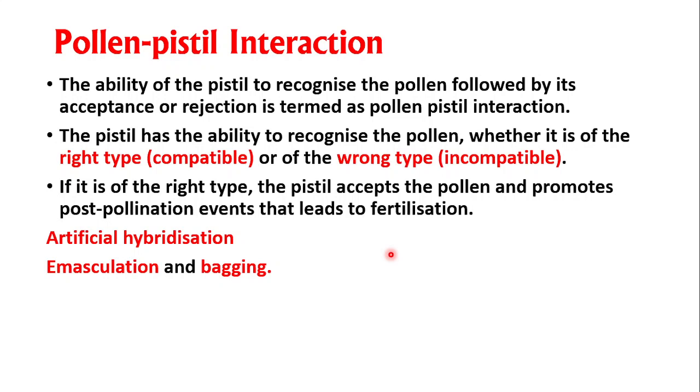That means when a pollen grain falls on the surface of a stigma, the stigma will first check whether the pollen grain is of its own kind or not, whether to allow the pollen grain to germinate the pollen tube and fertilize or not, whether it should accept or reject the pollen grain.